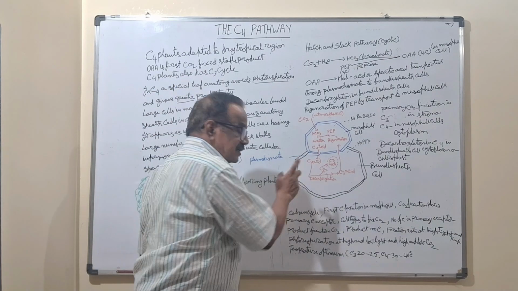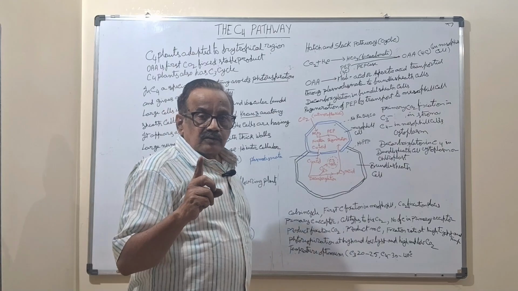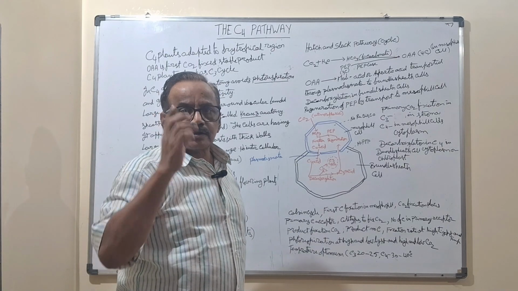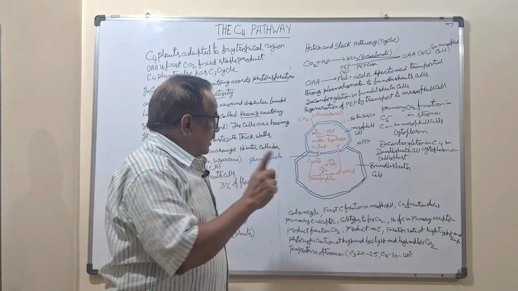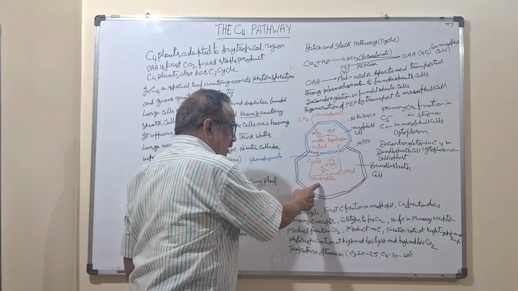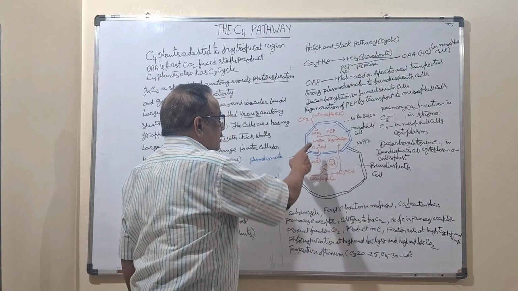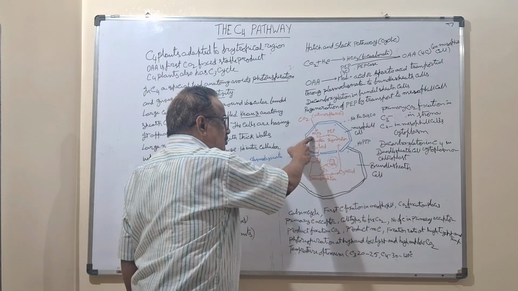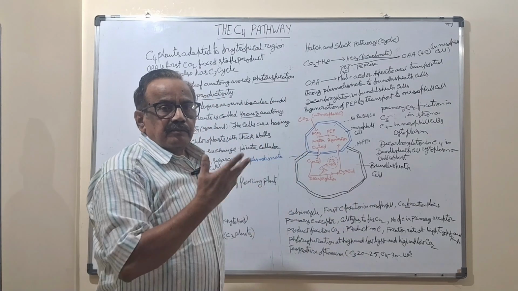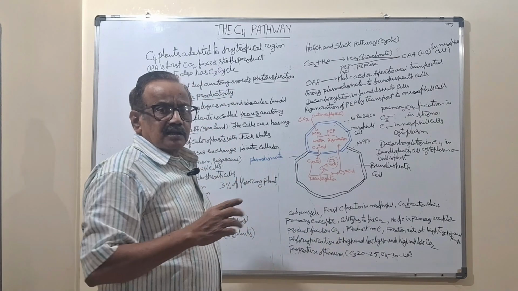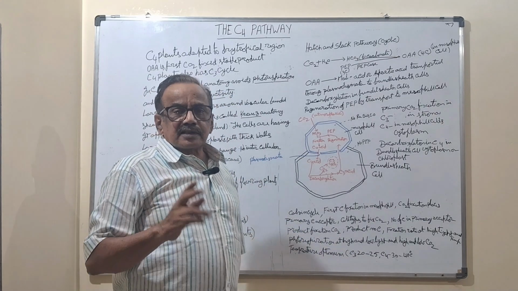Here also light reaction is taking place, only cyclic. Remember it. All these are neat points. So NADPH is not produced in the bundle sheath cells, but NADPH will be produced in the mesophyll cells.